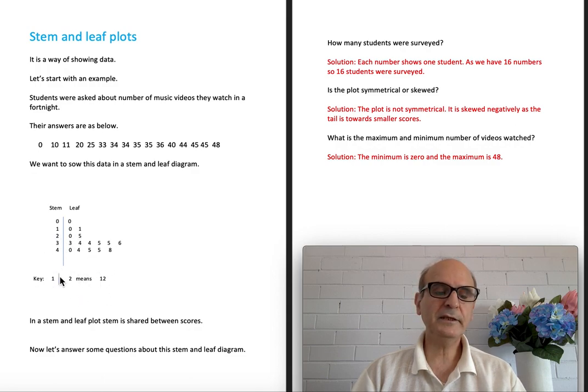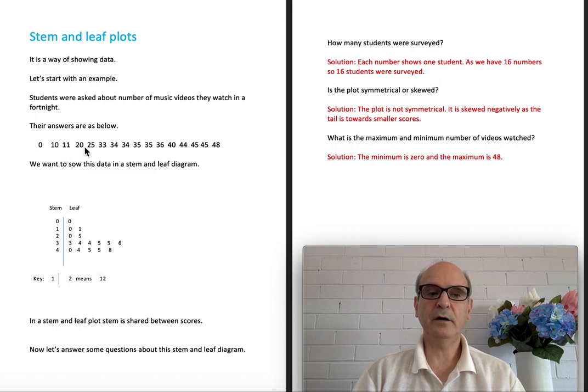But it could be that you're dealing with decimals, and for instance, if it was 1.2, then my key would say that 1, then line, 2 means 1.2.